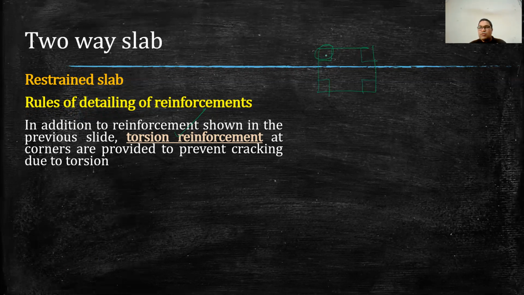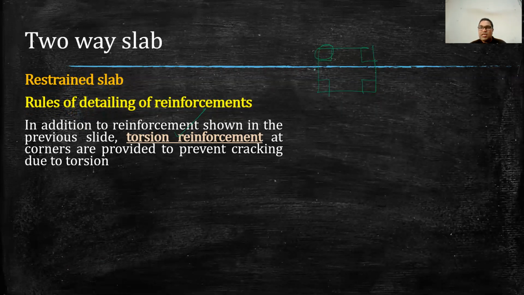Now, there is also a condition attached with these corners. We provide torsional reinforcement only at those corners which are contained with discontinuous edges or discontinuous plus continuous edges.